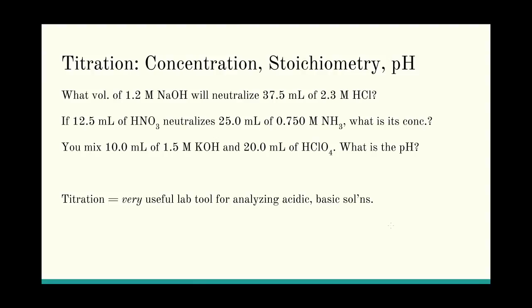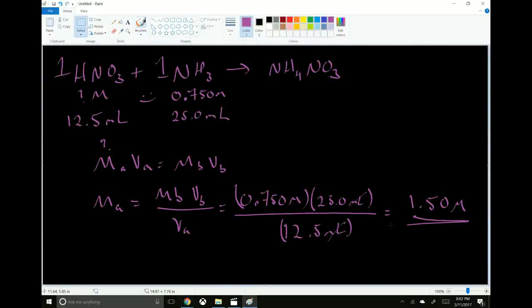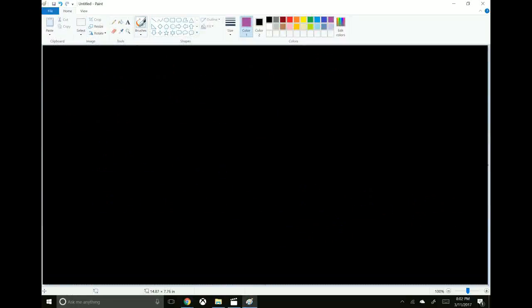And finally, our final example for this slide, you mix 10 mL of 1.5 molar potassium hydroxide and 20 mL of perchloric acid. What is the pH of the perchloric acid? I didn't ask for the concentration, I asked for the pH. Once again, we're going to need a balanced reaction.